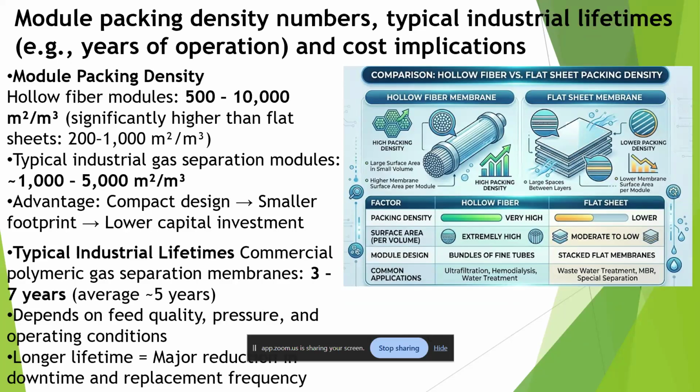And this is about the packing density, which I was mentioning a bit earlier. You know how the flat sheet and how the hollow fibers are getting used. You see the plate and frame kind of thing. In order to stack all the flat sheets will take more space, and the packing density is also very low. Whereas a hollow fiber will be very compact, and the surface area as well as packing density both will be very high.